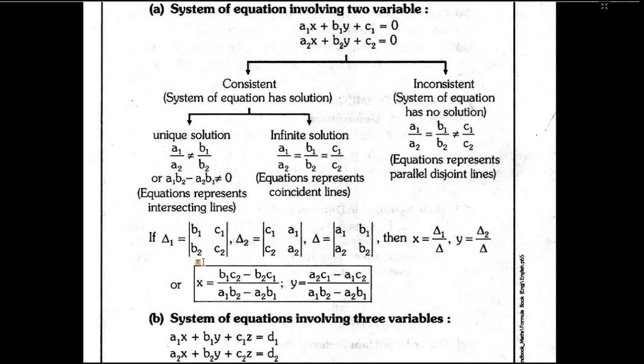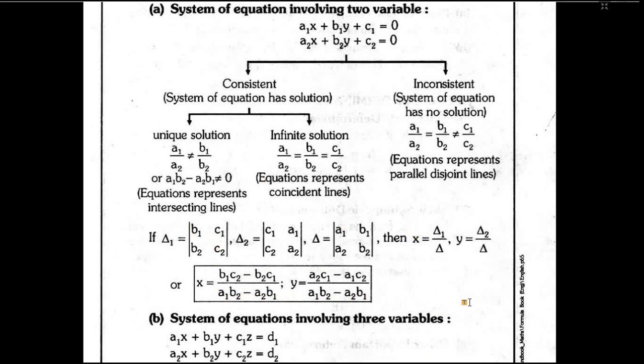For delta 1, replace the first column with the elements c1, c2, keeping b1, b2. For delta 2, replace the second column with c1, c2, keeping a1, a2. Then x is given by delta 1 upon delta and y is given by delta 2 upon delta.